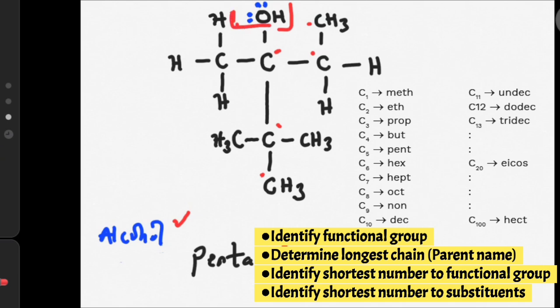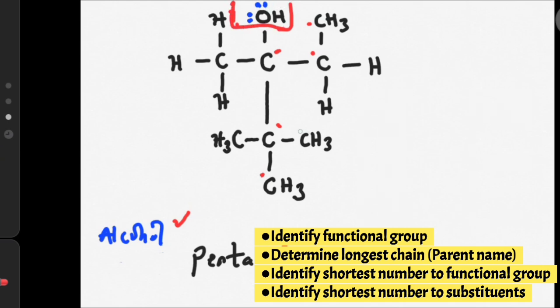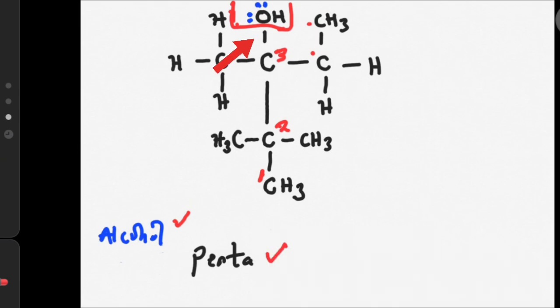What is the shortest distance or shortest count to the functional group? Since I've identified my longest to be 5, if I start from here, here is 1, here is 2, here is 3, it means that my functional group is on the 3rd carbon, right? Which is okay, but let's count the opposite.